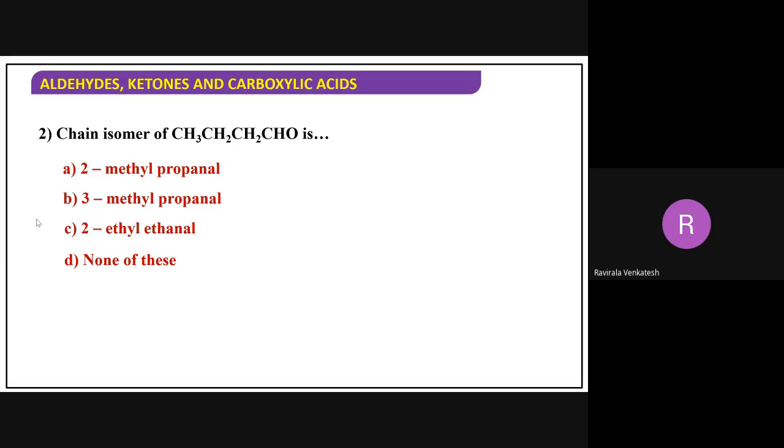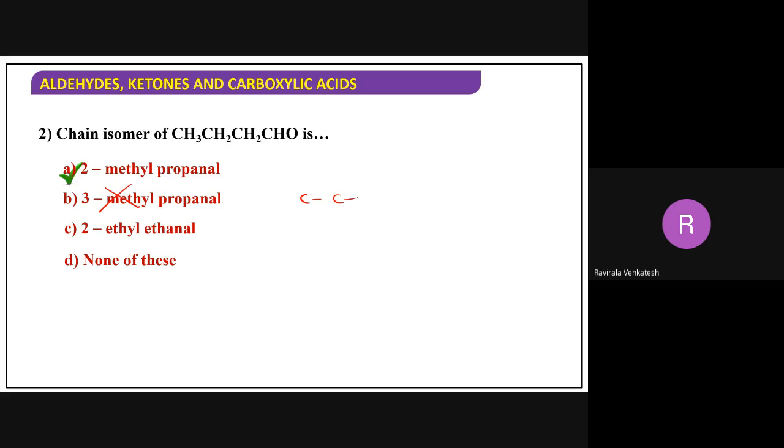In this case, chain isomers here. 2-methyl propanol, 3-methyl propanol, 2-ethyl ethanol, none of these. Which is the chain isomer they are asking. 3-methyl propanol is not possible. It's impossible to write 3-methyl propanol.